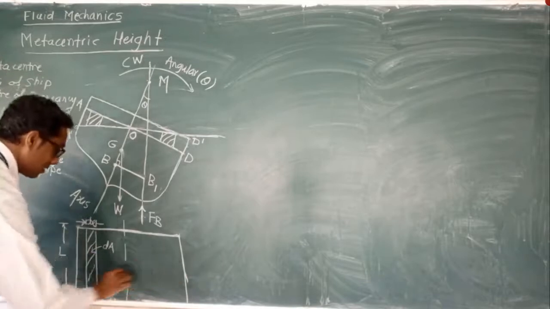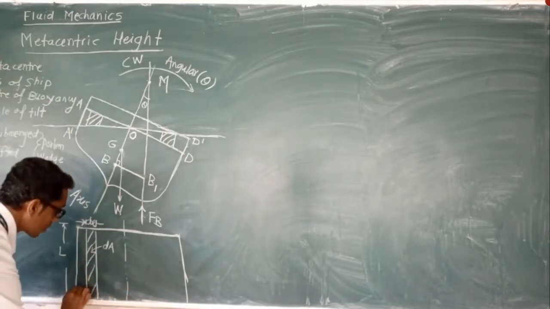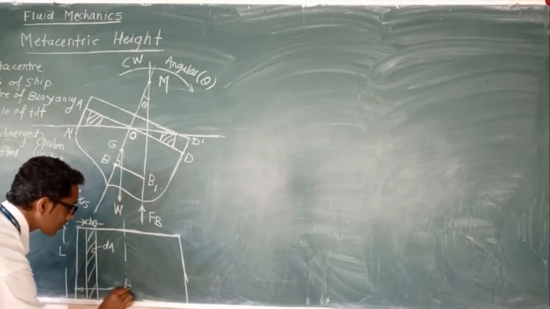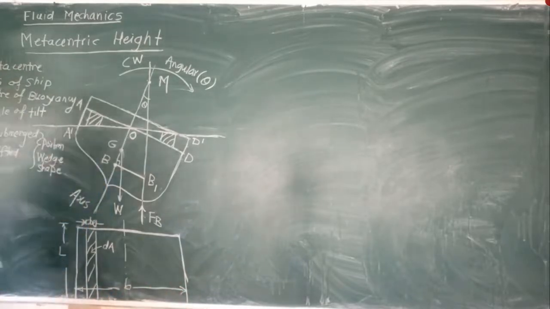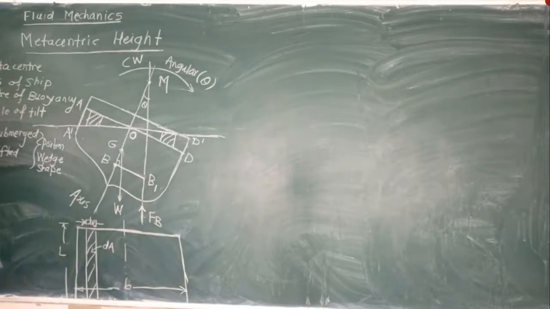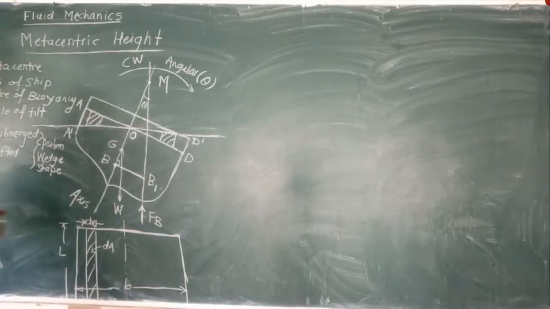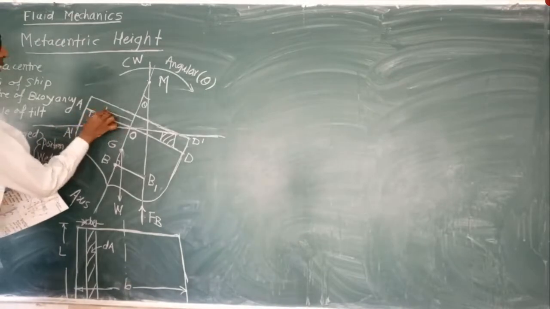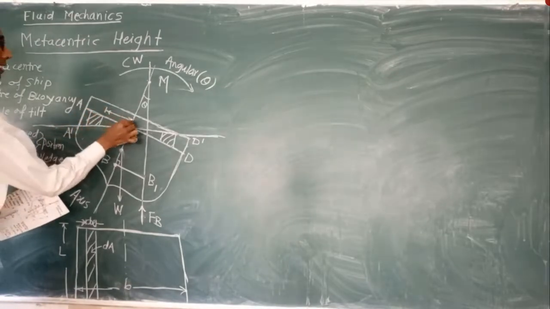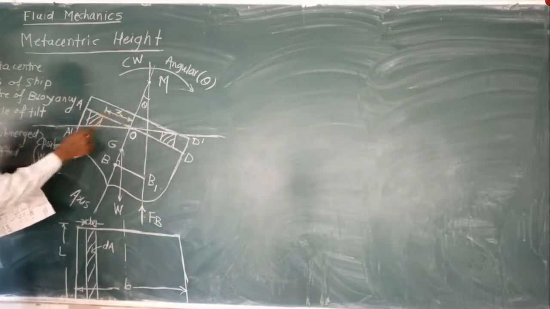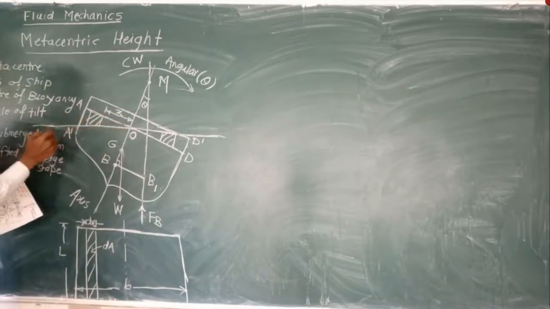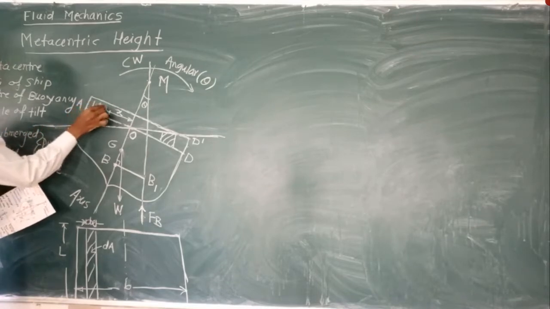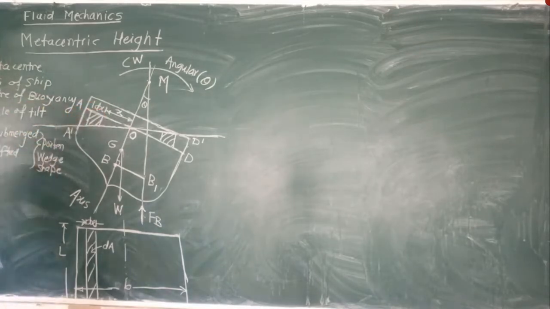This is the width of this ship, that is B. And this wedge shape strip is at a distance of x from the center O. Here is the thickness dx in the front view.